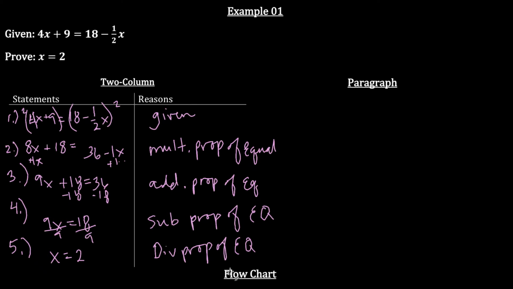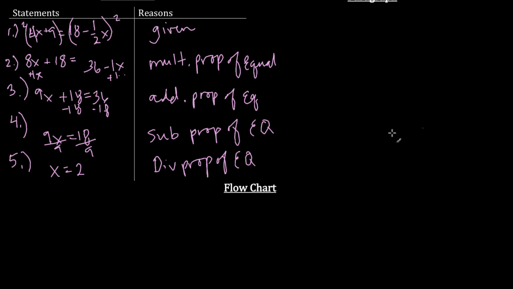Don't forget to use the sheet just in case. Like, remember last time where this was backwards and you had to flip it? Make sure you end up with x equals -2, putting the x on the left side. Now the paragraph, I don't think I really need to help you on, because you would just write this in paragraph form. Flowchart, you would just basically do this, because this isn't complicated.